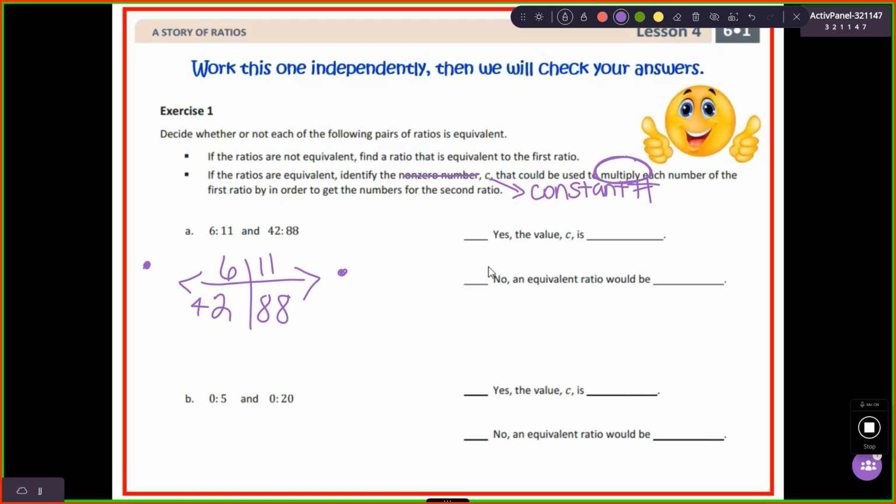So what do they multiply by on this left side? 7. 6 times 7 is 42. What do they multiply on the other side? 8.